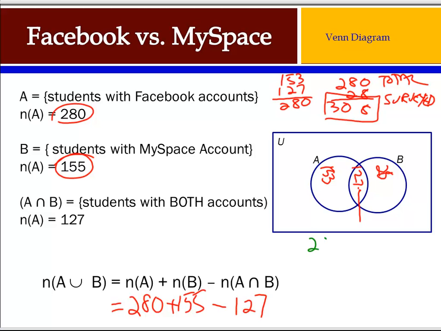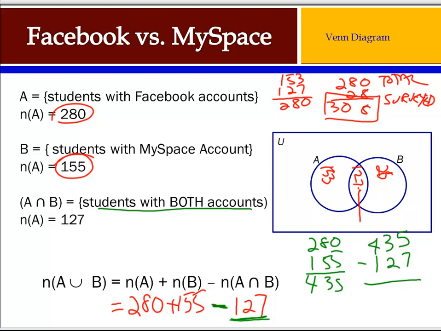So if you take 280, add that to 155, you get a number that's too high because those students with both accounts are being counted twice. So you take the students with both accounts and you subtract out that intersection. That's the last part of our formula. And if you do that, you get the same answer. 308 students were surveyed.